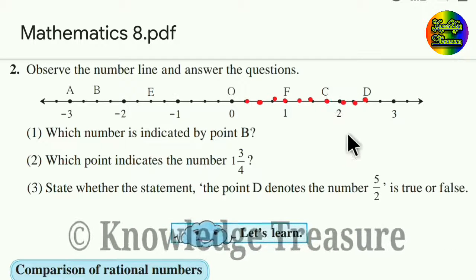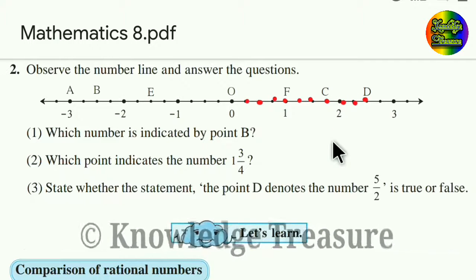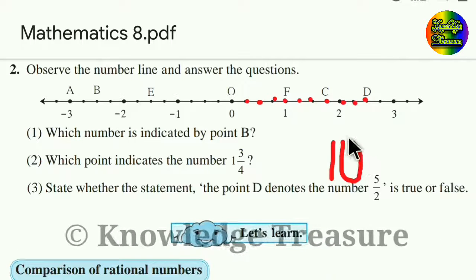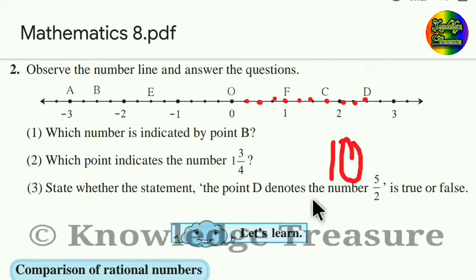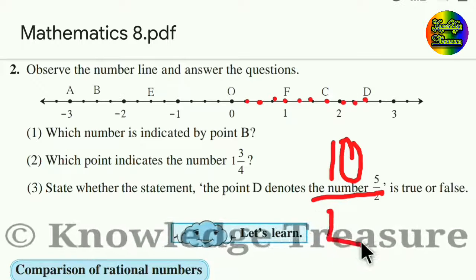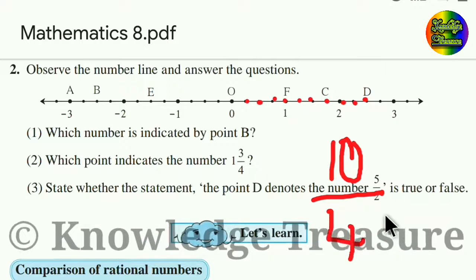So 10 points are there. How can you write this? 10 upon 4.